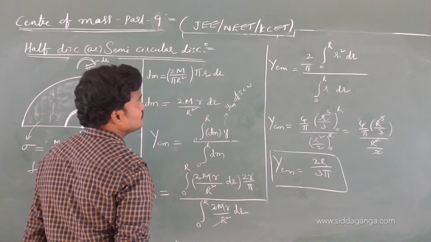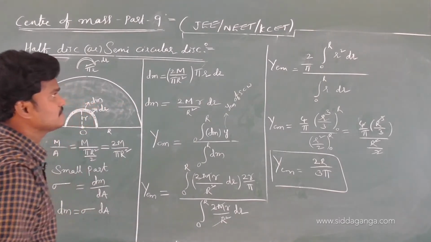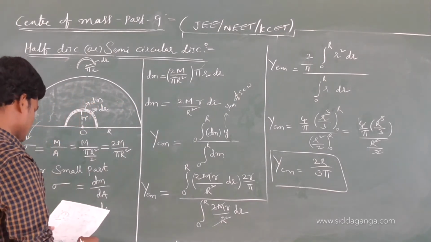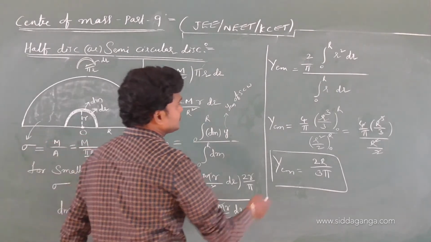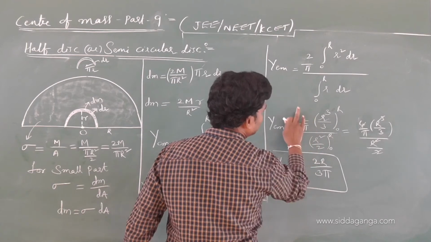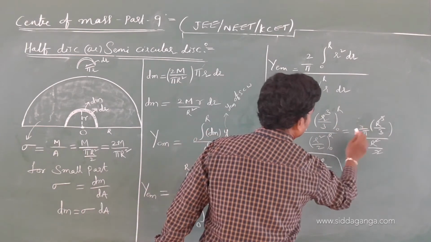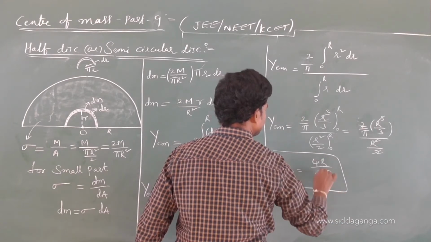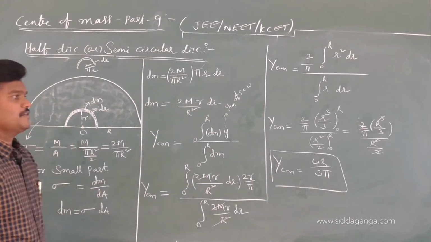So 2 by pi, r cube by 3, and this 2 comes to the top. So what is the answer? Verify the calculation once.